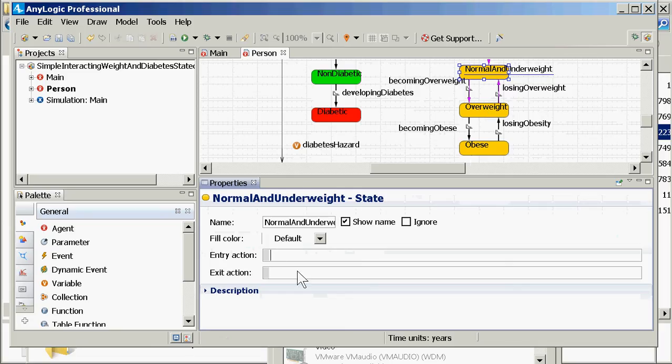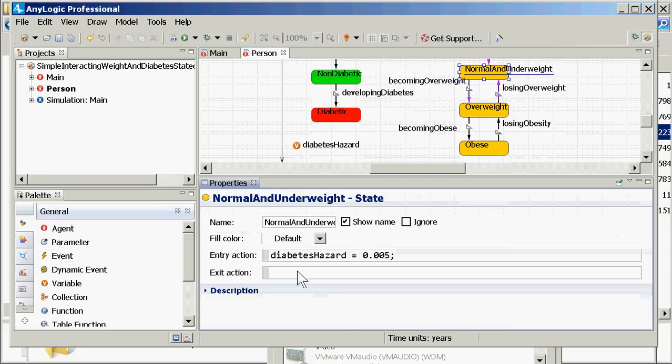So when they enter normal and underweight, they're going to have a diabetes hazard of 0.005. A very, very low diabetes hazard. When they enter that state, we're going to set this variable to have a very low chance per year of becoming diabetic.